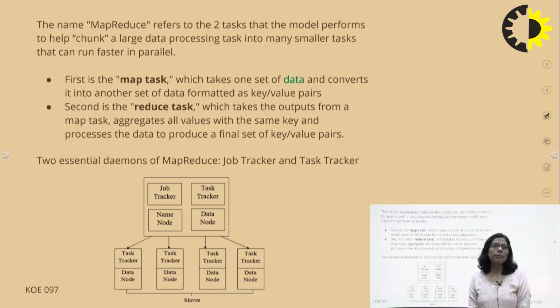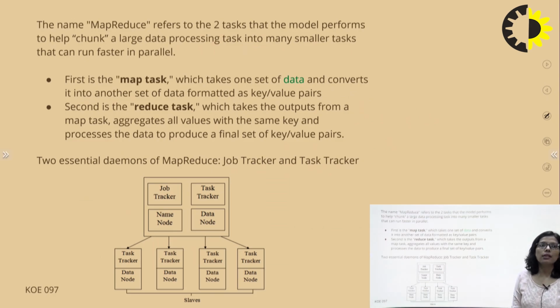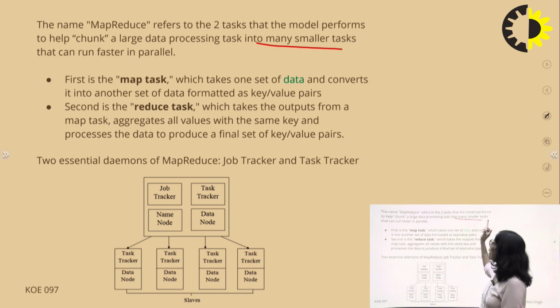Now, the term MapReduce refers to two tasks that help chunk a large data processing task into many smaller tasks. Suppose we have the data across multiple nodes and we have to process it. We can chunk this work into multiple smaller tasks. The first is the map task and the second is the reduce task.